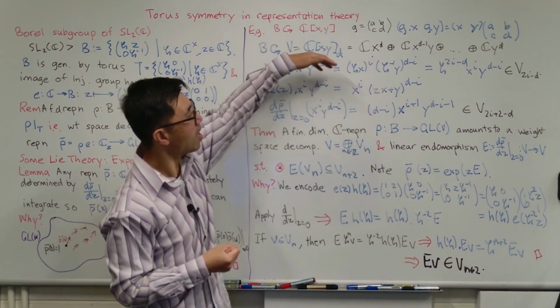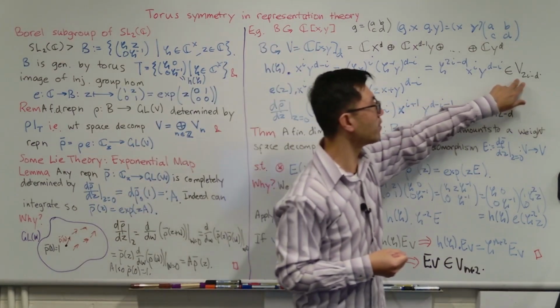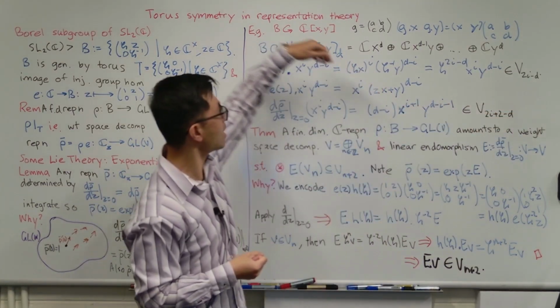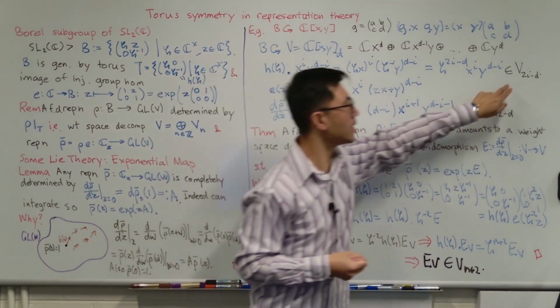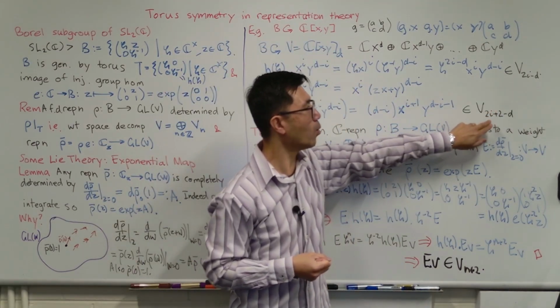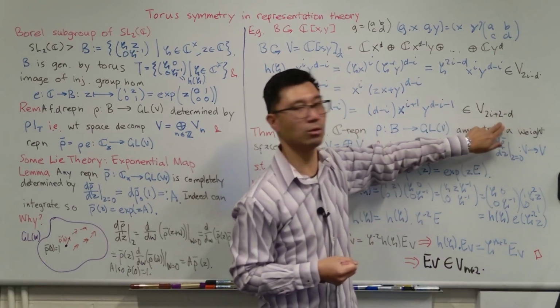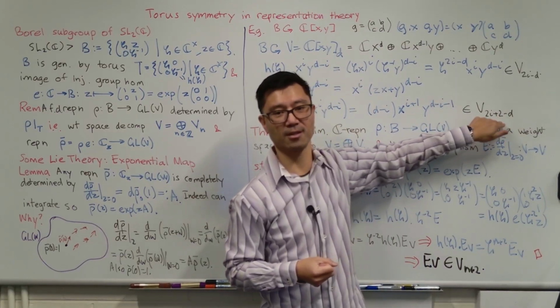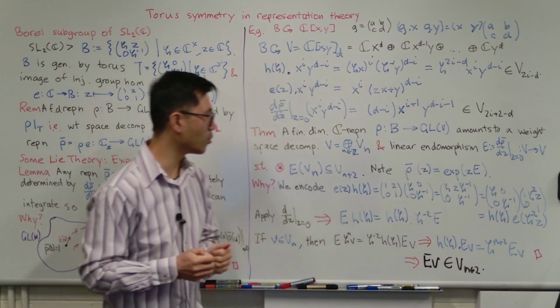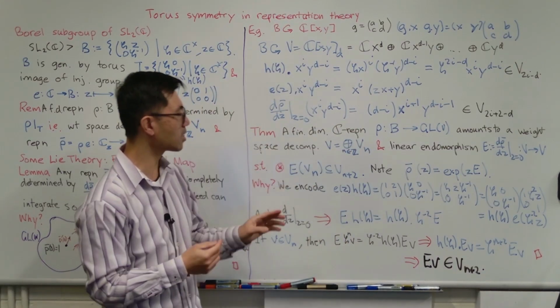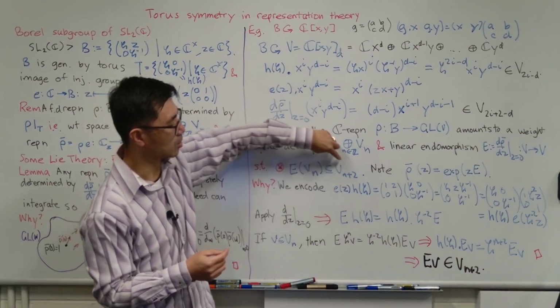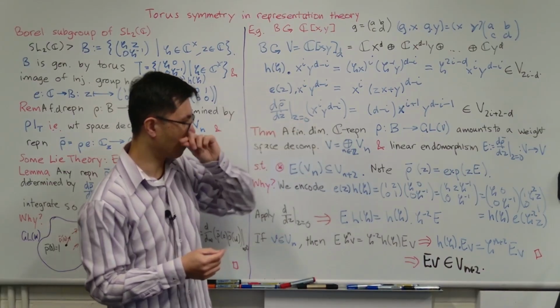If you have a vector inside this weight space V_{2i-d}, which is just a scalar multiple of this monomial here, you'll land in this weight space here, where now the weight has increased by 2. So that's rather nice: if you want to say how you put these together to get a representation, it's precisely the condition that E of V_n is contained inside V_{n+2}.